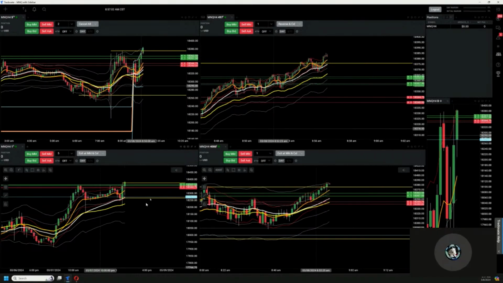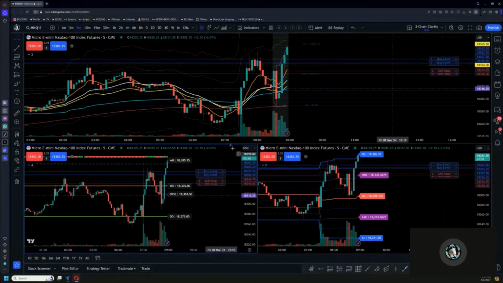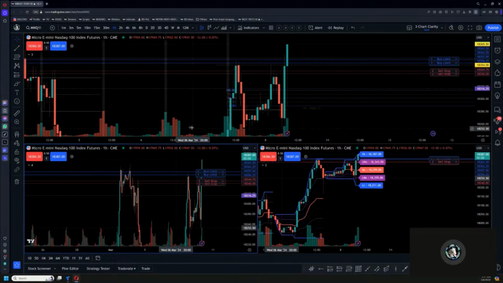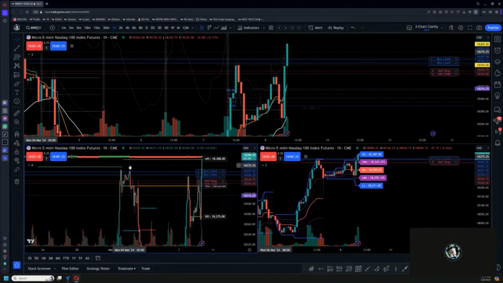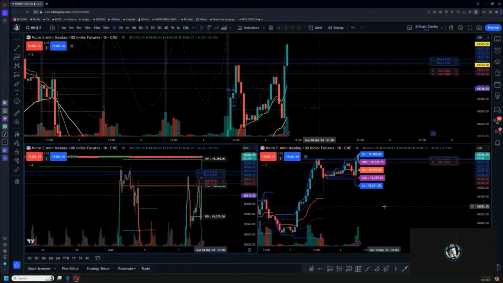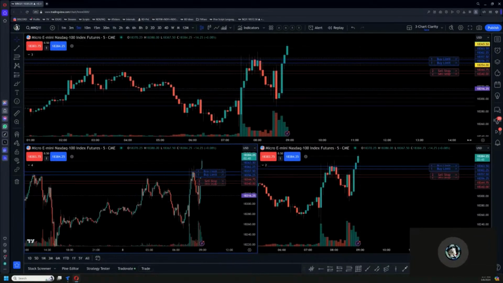Well, let's see if we can find some clues looking at larger time frames. We're well above the high, creating new weekly highs. At this point in time, to sell would be guessing.